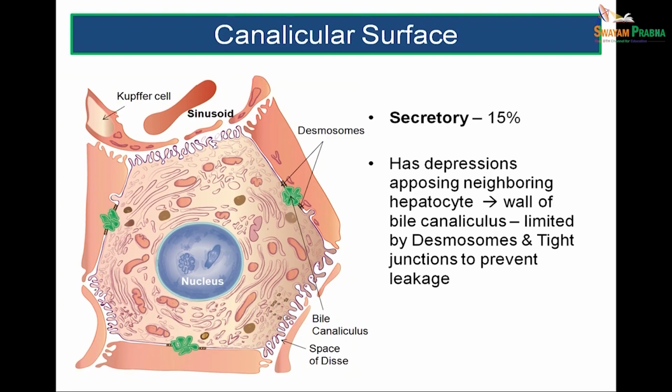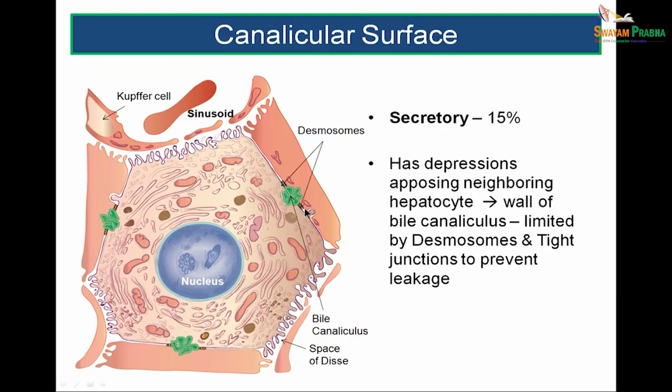The next surface we are going to study is the canalicular surface. This is 15% of the surface area. It is secretory. It has depressions on both sides, and there are cell junctions, tight junctions and desmosomes on either side of the canalicular surfaces.